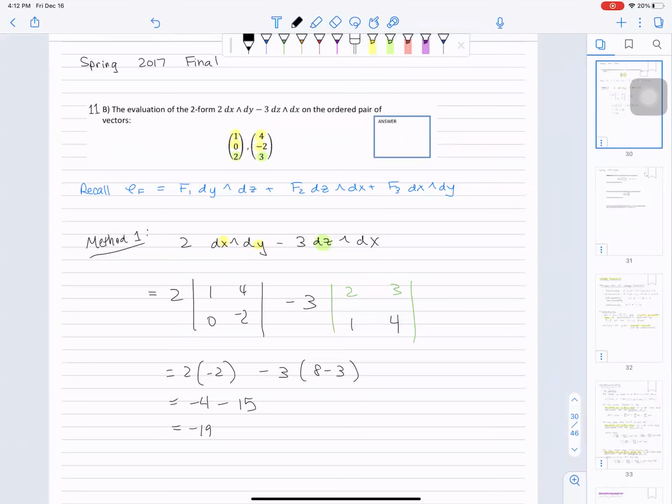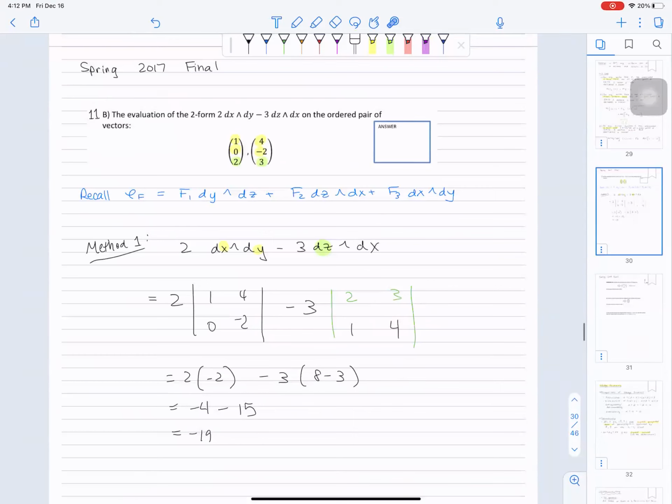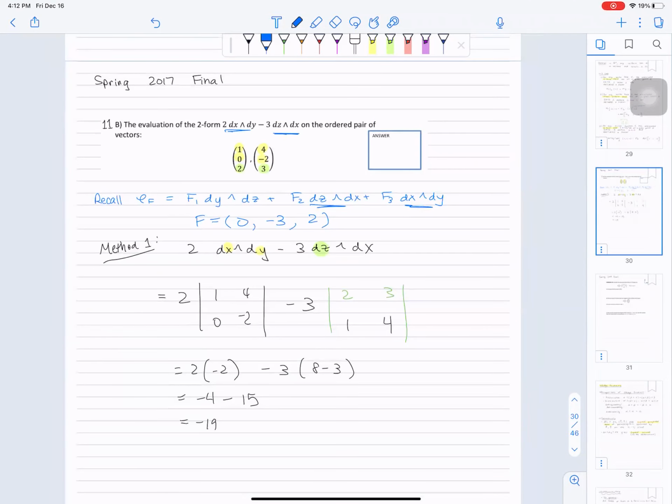Okay, and I could also do it the other way if I wanted to. I just need to make sure I'm writing this in the correct order. So my corresponding function should be 0, -3 because of the dz wedge dx, and 2. Okay, any questions on that?